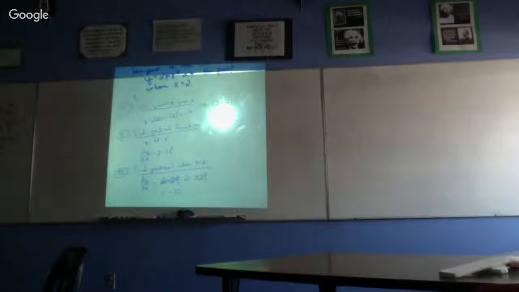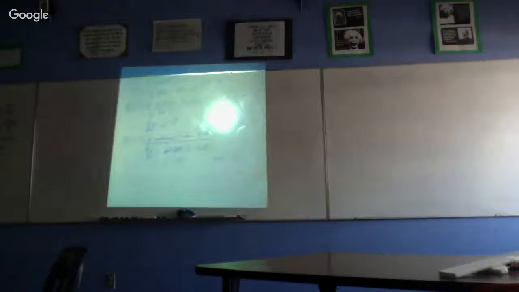I get a gradient of -10. So my function has a slope of -10 when x is equal to 2. Well, now this gradient is the same slope of my tangent line. Now I've got a slope and I've got a point. If I've got a slope and a point, now I can come up with the equation of the line.